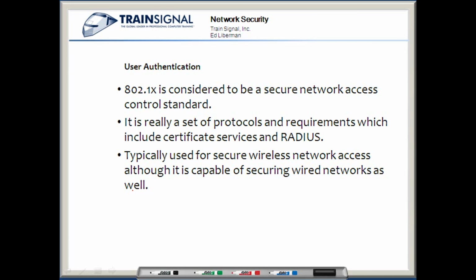So it's really a sophisticated level of security that you put in place to truly authenticate users before they can access a network. Now, it is typically used to secure wireless network access, but I will tell you that 802.1x was not designed explicitly for wireless access. It is fully capable of securing wired networks as well.